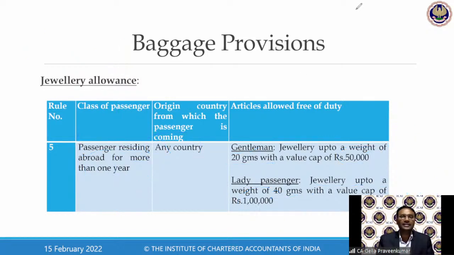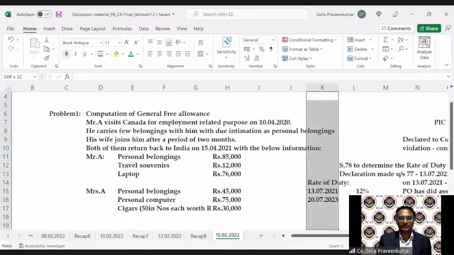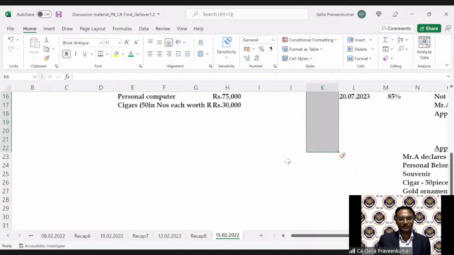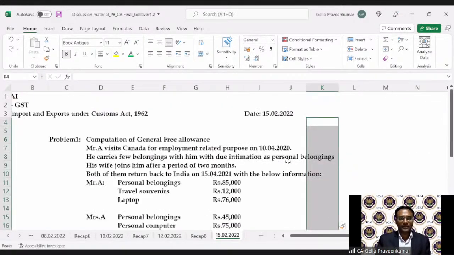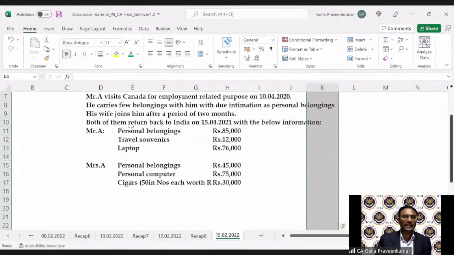Let us look at a small problem and then come back. Okay. I have set one problem based on this jewelry allowance.